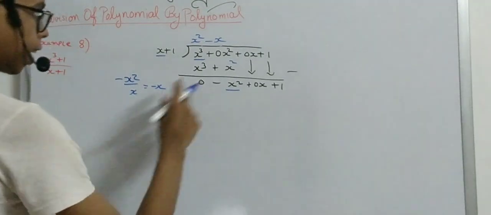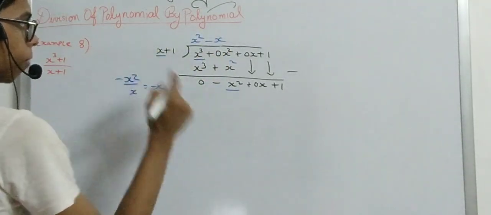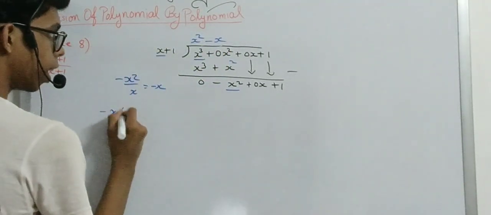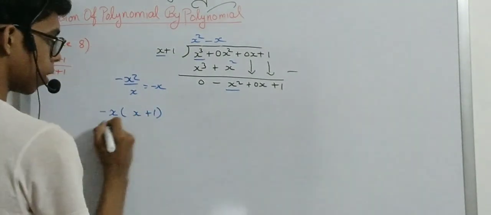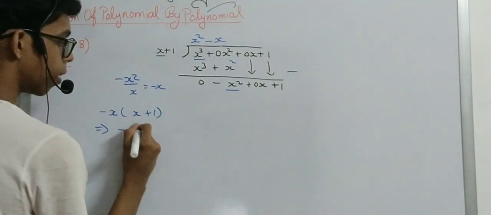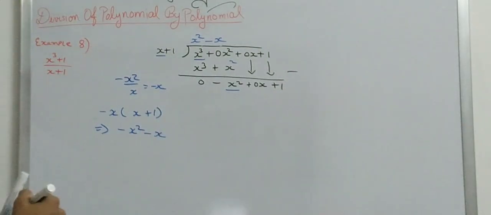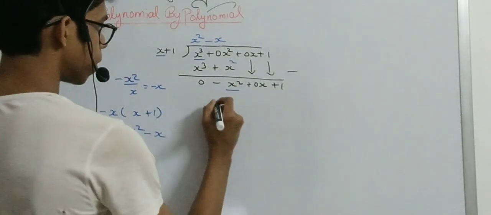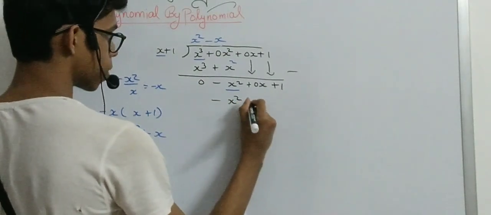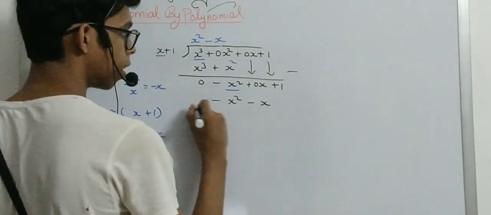Now again take this term and multiply it with this x plus 1. So minus x into x plus 1. When you open the bracket, we will get minus x square minus x. Okay, minus x square minus x. Then we have to write it over here. So minus x square minus x.